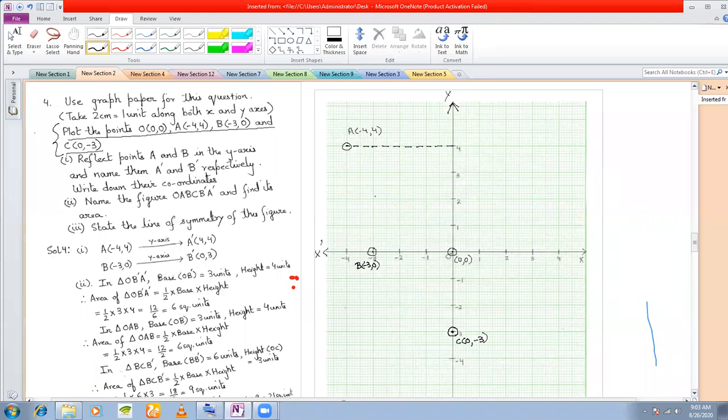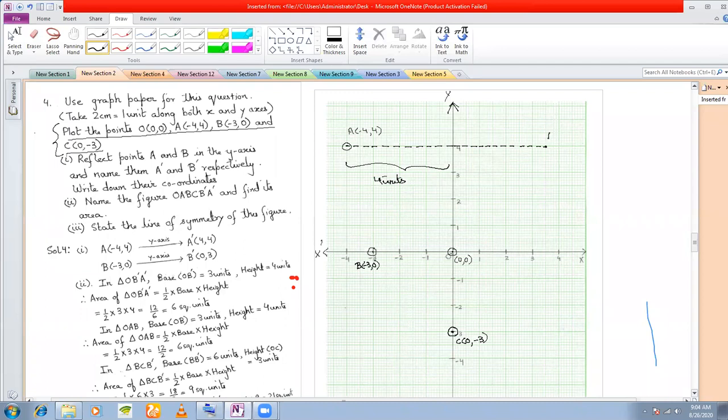And how much distance is this? This distance is 4 units, right? So we take 4 units here also. Extend this line till you have your 4 units here.